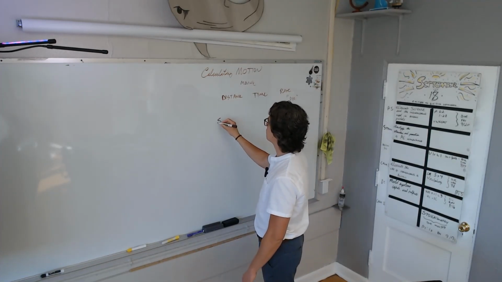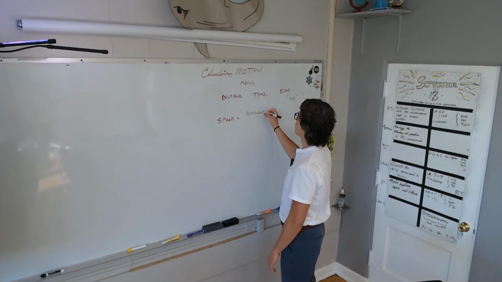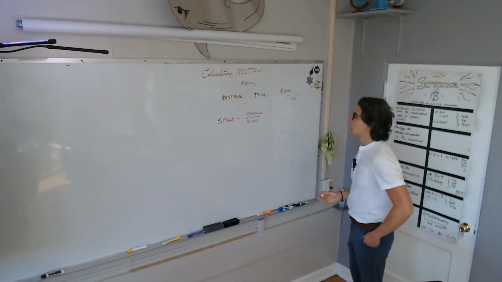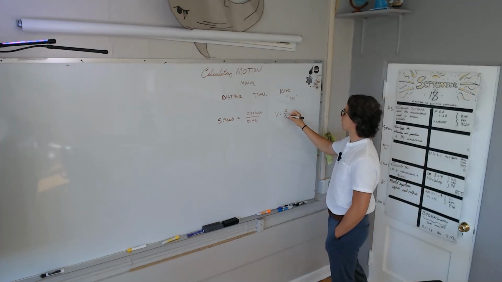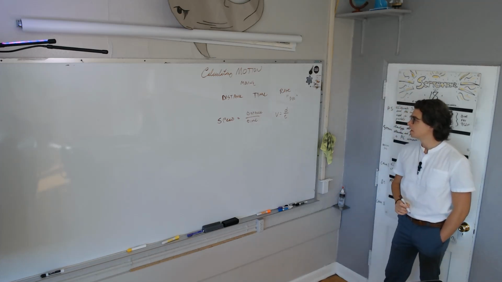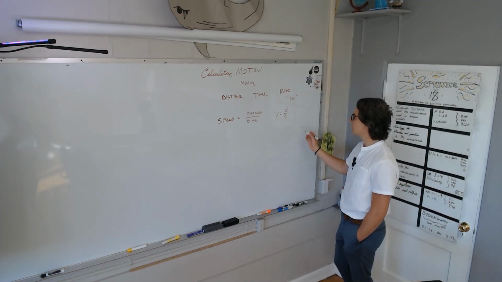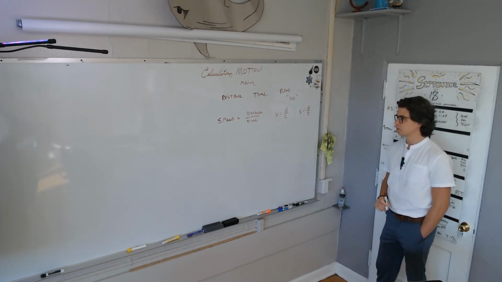We say that speed equals distance over time. We write this as v equals lowercase d over lowercase t. Sometimes we might write it as s equals d over t if we're trying to be very simplistic.